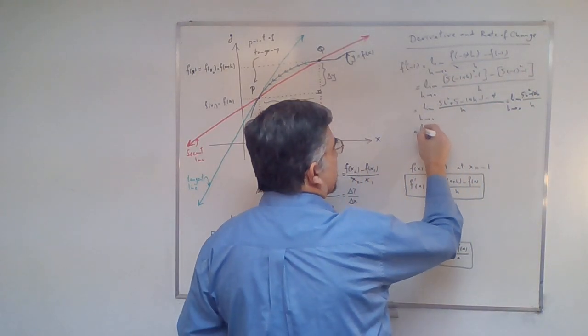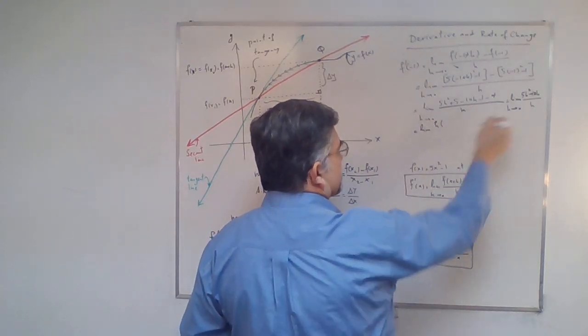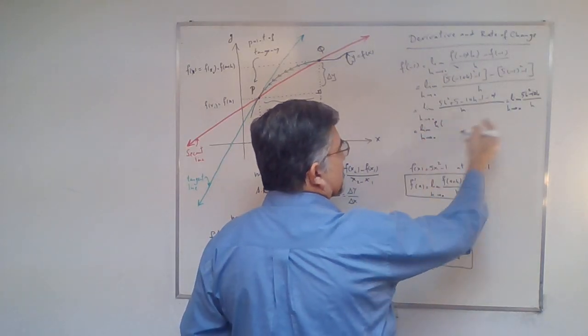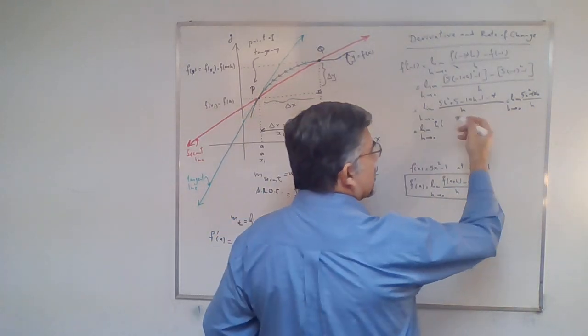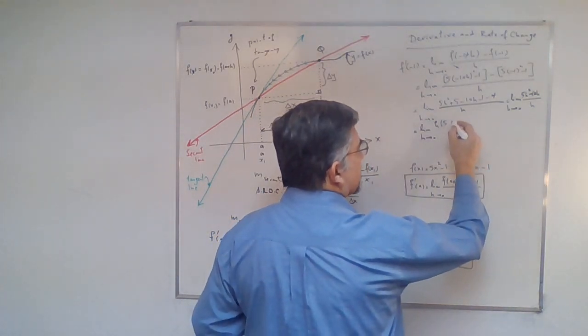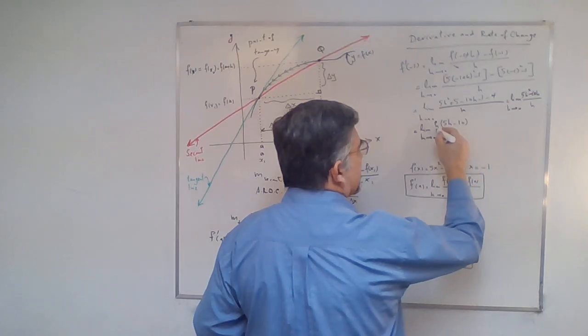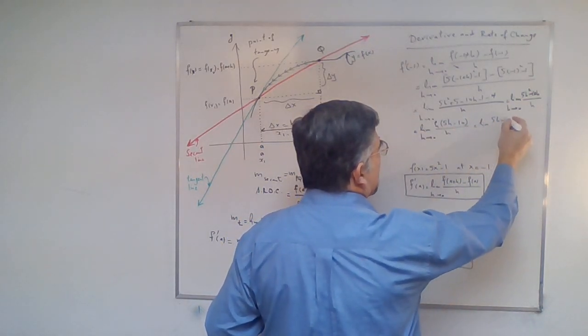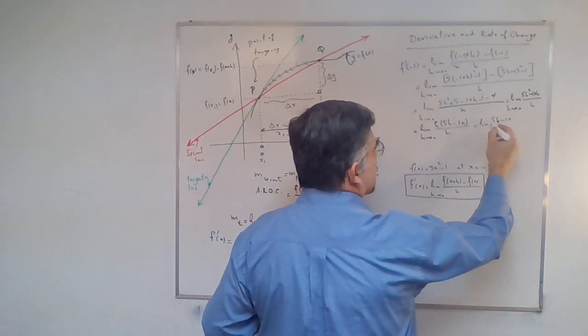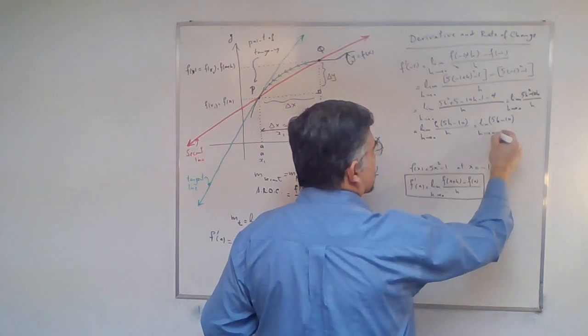And then we factor h out in the top because this limit is in its indeterminate form. We need to find the limit. So it's going to be h times (5h minus 10) all over h. And then we cancel out the h from the top and bottom. We end up with 5h minus 10 when h approaches 0.